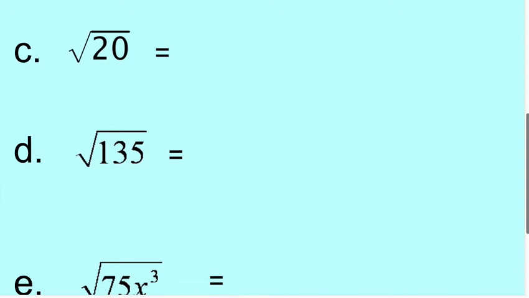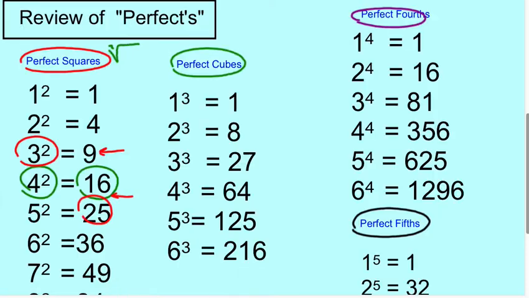All right, let's go down to the square root of 20. Square root of 20 is not a perfect, so I'm going to break it apart. So I could break it apart as 2 times 10. That doesn't help me as much as 4 times 5. So if we go back to our perfects, 4 is a perfect with 2 squared.